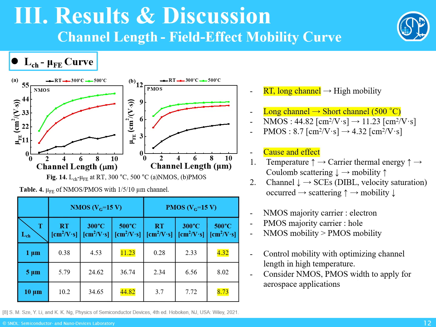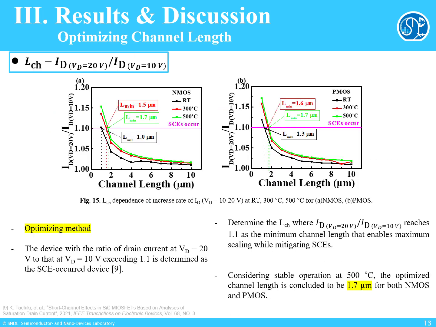NMOS always shows higher values than PMOS, but both degrade as the channel gets shorter. This means we must optimize the channel length to balance speed and reliability. So the question is, what length gives both stability and performance?